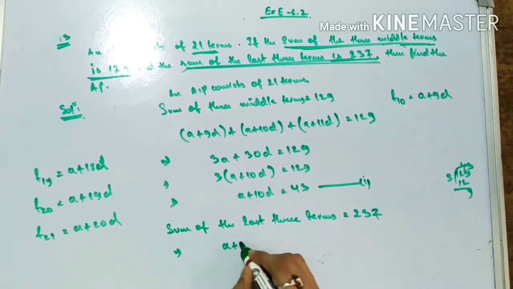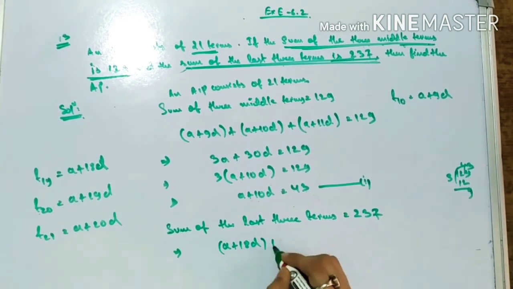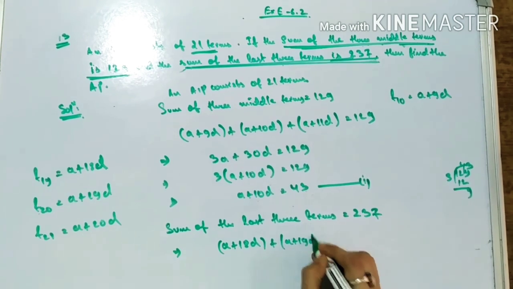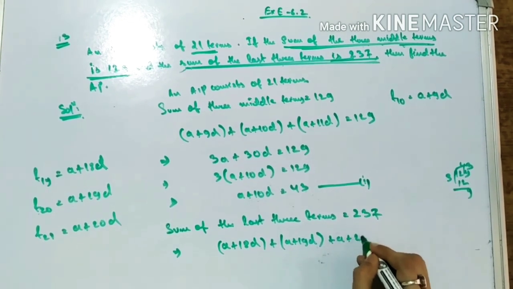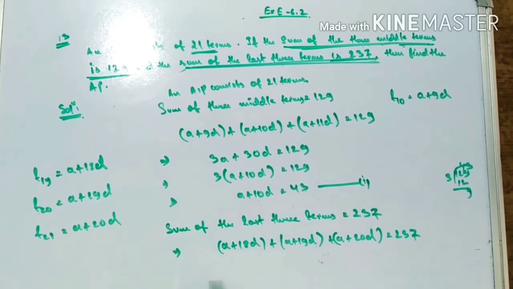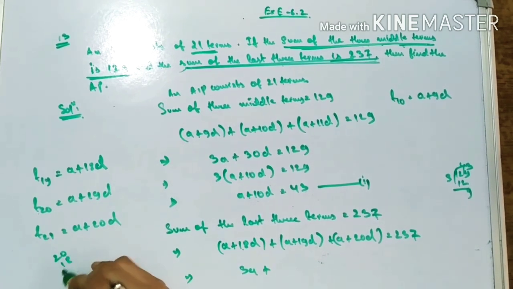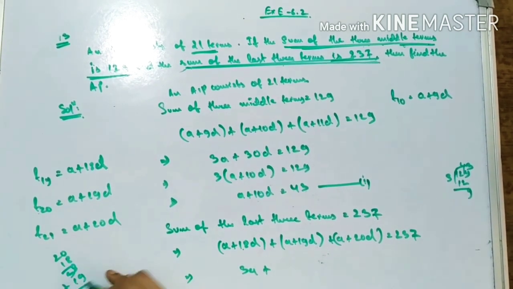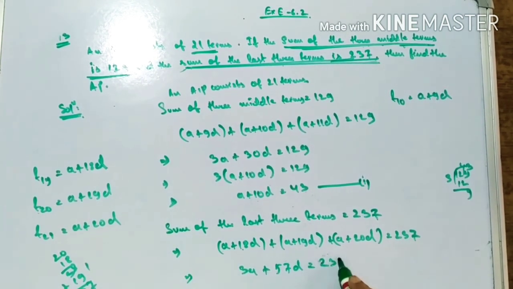So I can write a plus 18d plus a plus 19d plus a plus 20d is equal to 237. If I add this, I will get 3a plus 57d is equal to 237.